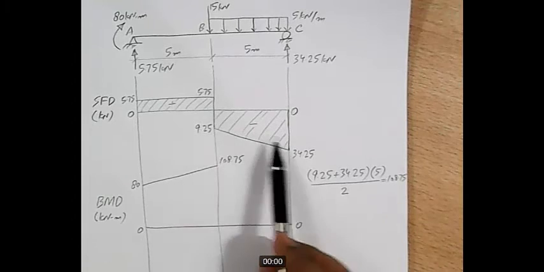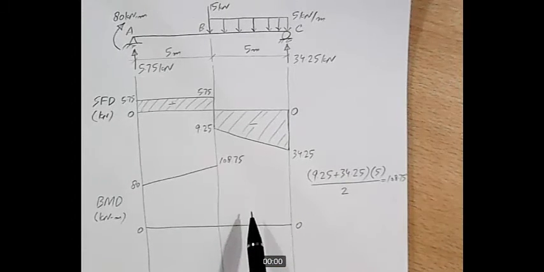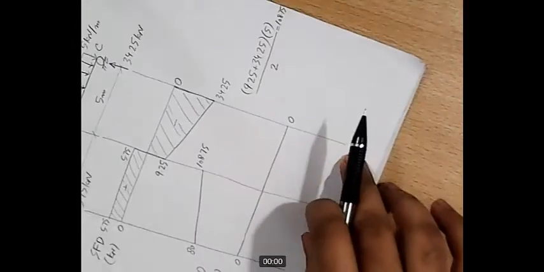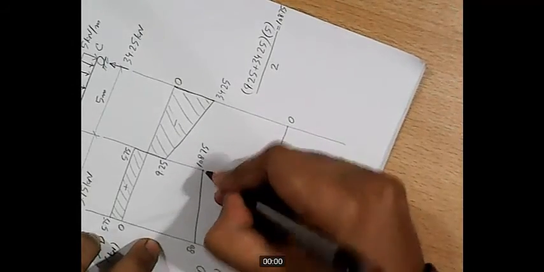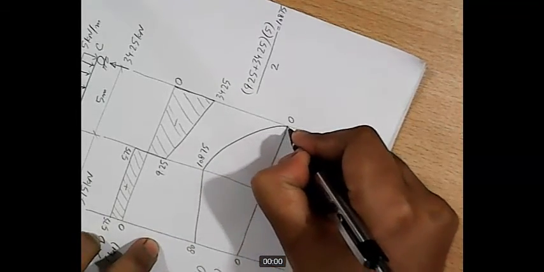As the magnitude of the shear force is increasing, the slope of the bending moment diagram should also be increasing, which means that we should draw a curve something like this.